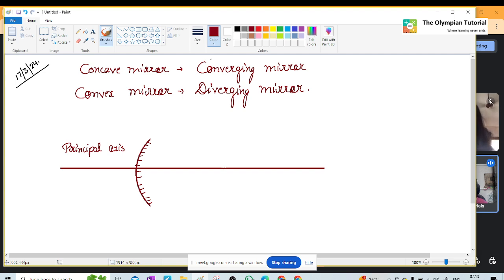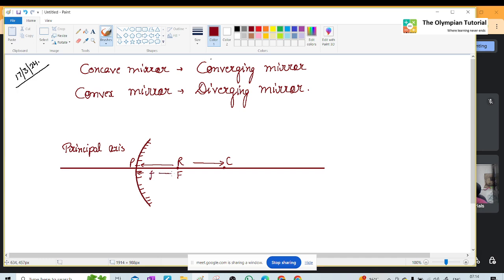Prisha, what is radius of curvature? Ma'am, the radius of curvature is the distance from the center of curvature to the pole of the spherical mirror. Ayukta, half of the radius of curvature is known as? Focal length.